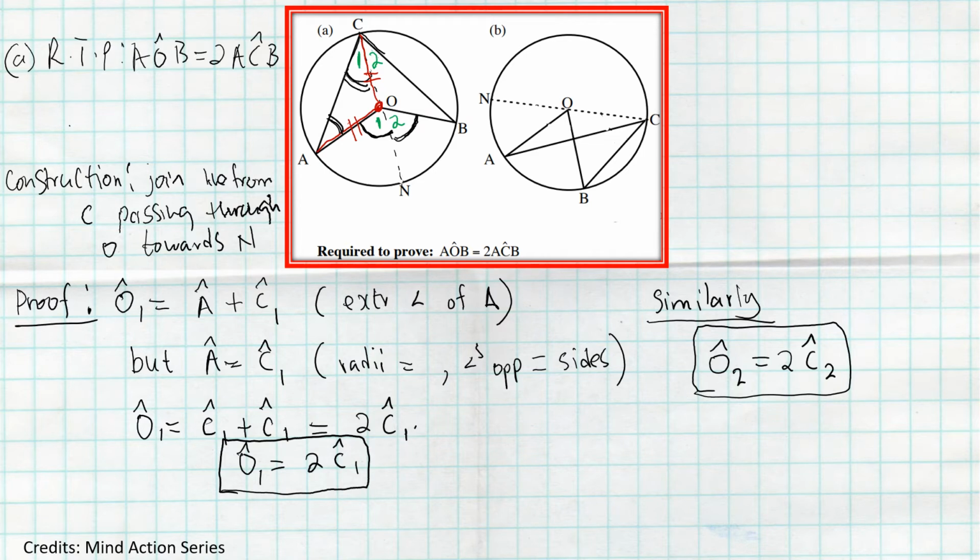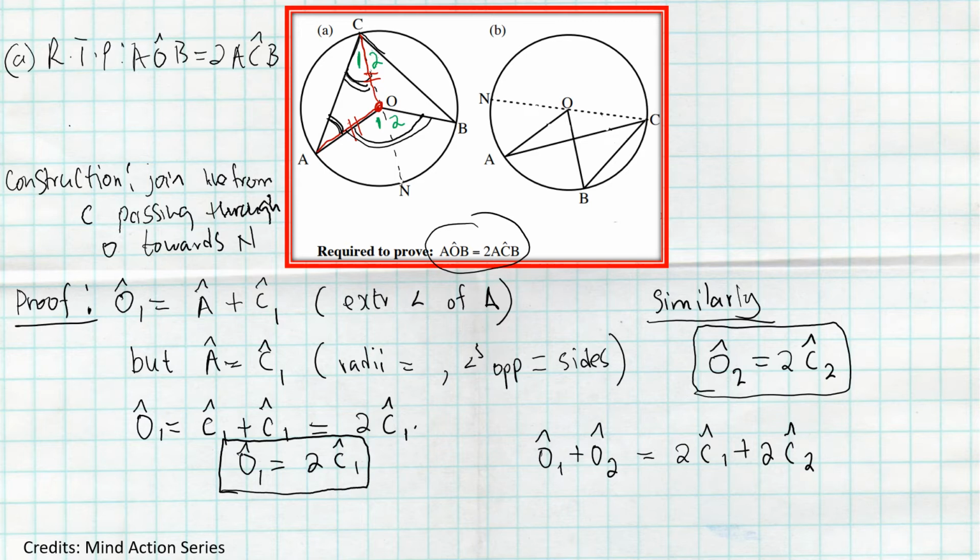Okay, remember we want to prove that angle AOB is the same as 2 angle ACB, right? So if I take angle O1 plus O2, why am I adding angle O1 plus O2? Because I know that angle O1 plus O2 is the same as angle AOB. It will be the same as 2 angle C1 plus 2 angle C2.